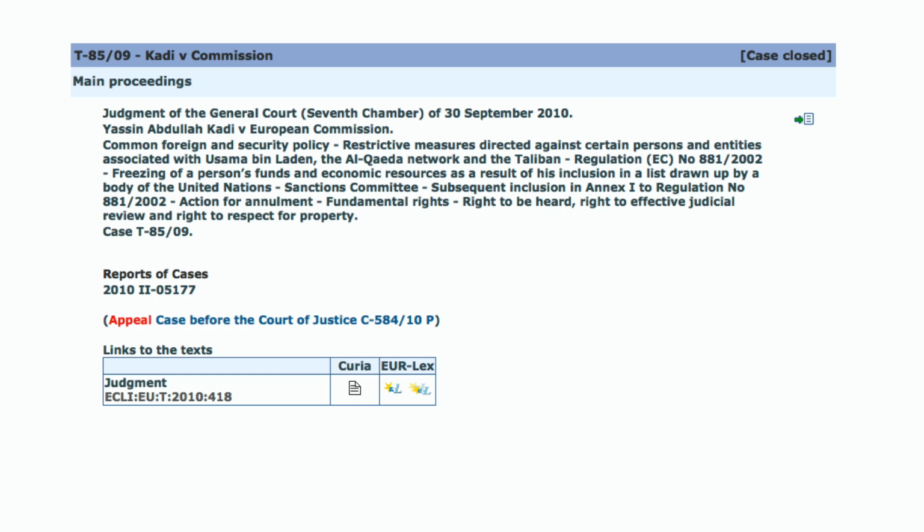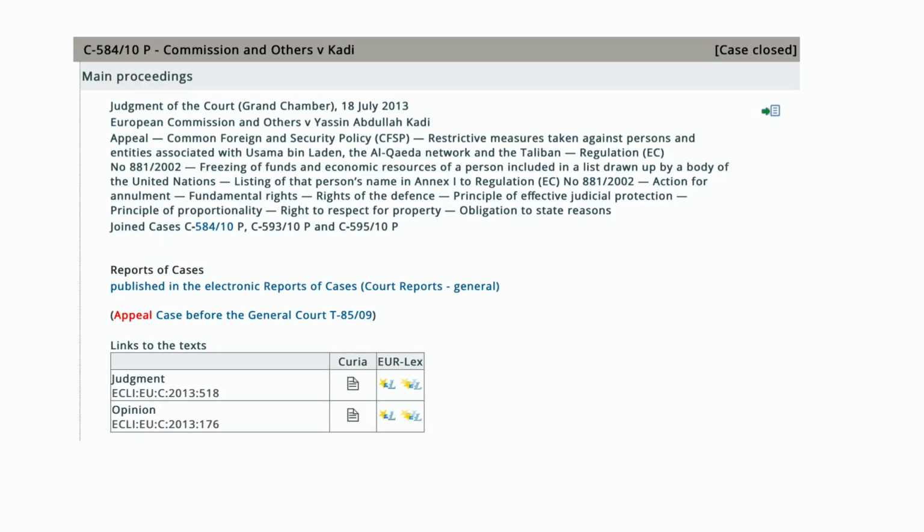The European Court of Justice had to balance values of civil rights and security. In July 2013, the European Court of Justice upheld the annulment of terrorism designation of Mr. Cadiz and struck down regulations implementing the sanctions regime for failing to comply with his fundamental rights protected by the European legal order.